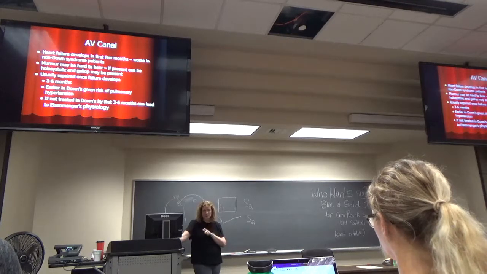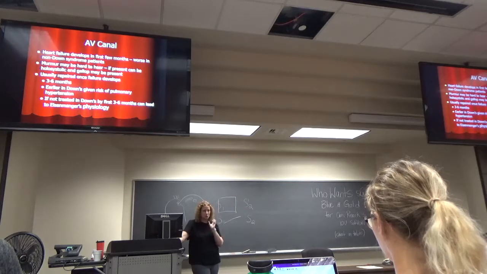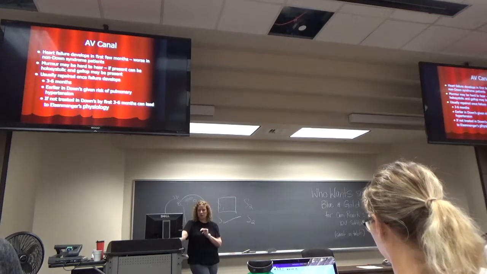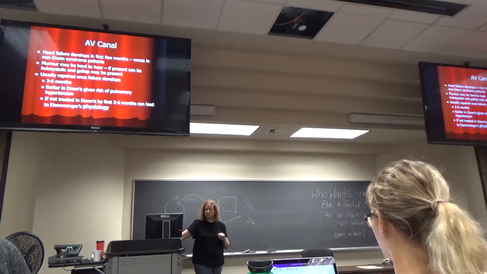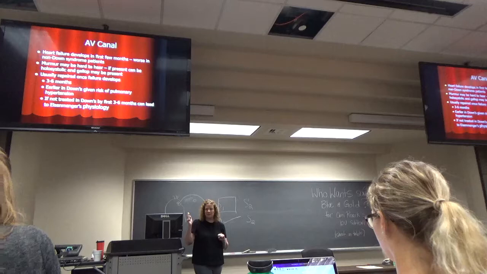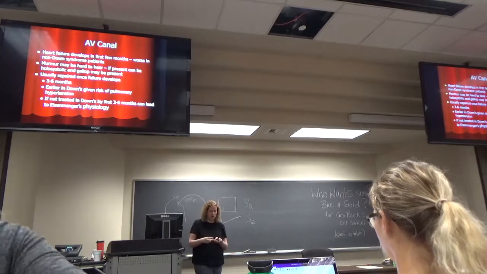Dying from Eisenmenger's and pulmonary hypertension is a horrible way to die. It is miserable and looks horrible. So you have to fix an AV canal by 3 to 6 months, and this is why we care about what a kiddo with Down syndrome's heart looks like, okay?